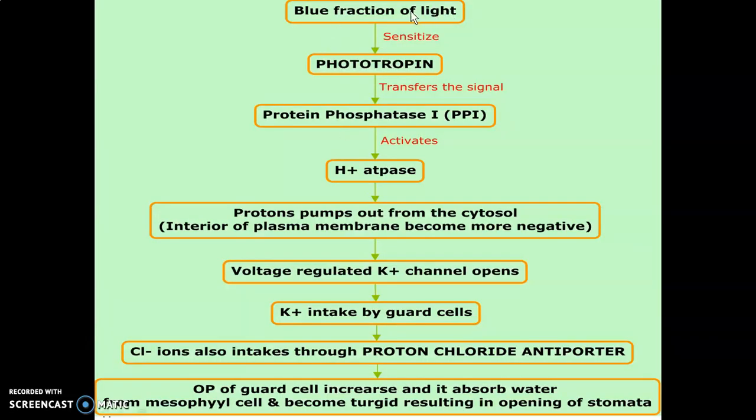During the day, the blue light fraction of sunlight sensitizes the phototropin pigment. This phototropin pigment transfers the signal to the PP1, protein phosphatase.